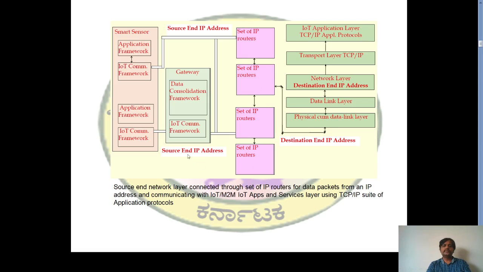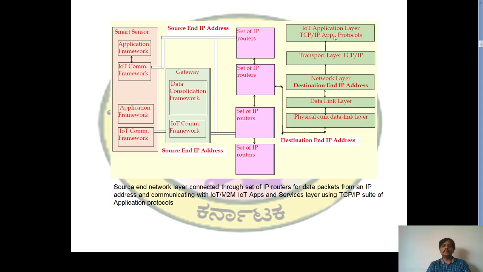So in particular for the Internet Protocol, we have a set of IP routers. At this end we are going to define the source and destination IP addresses, and the particular router which is connected to the machine. From that router the data packet will reach the destination IP address. The data will enter the physical and data link layer.